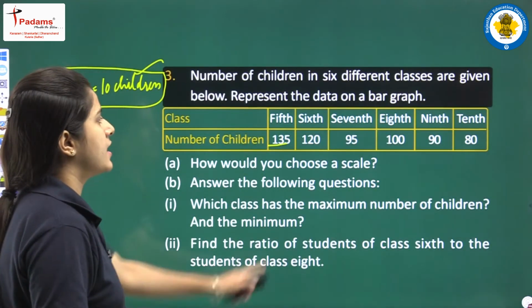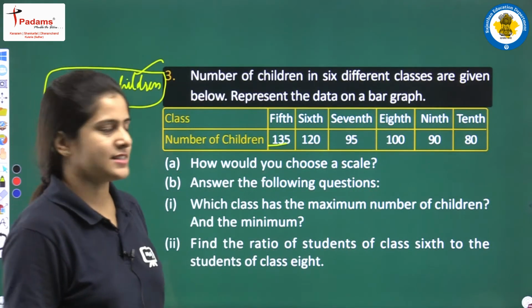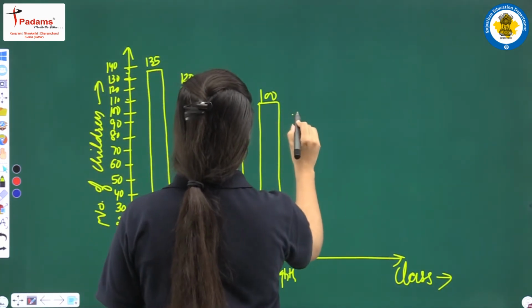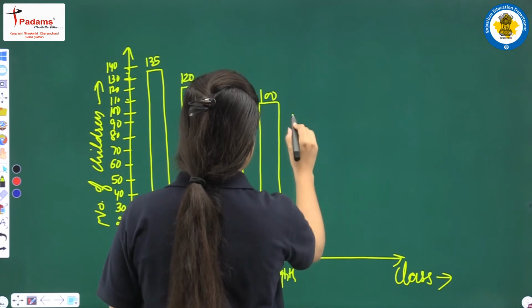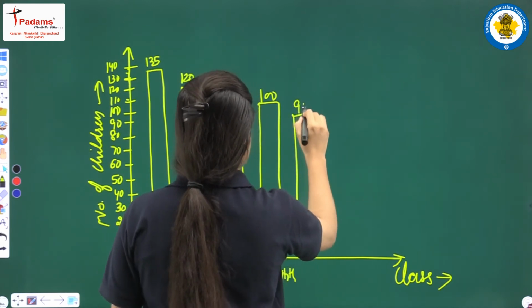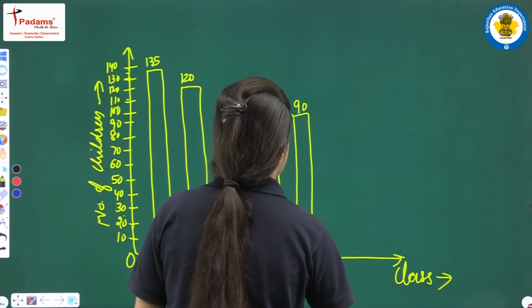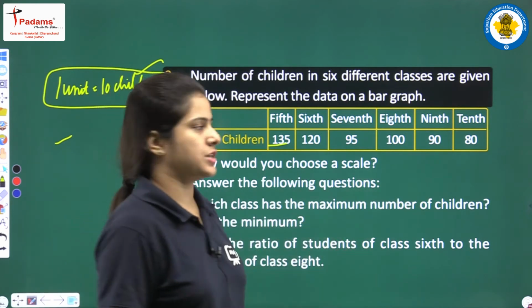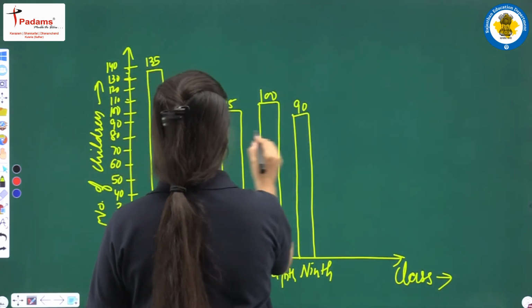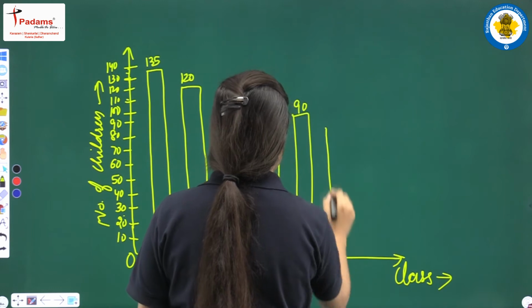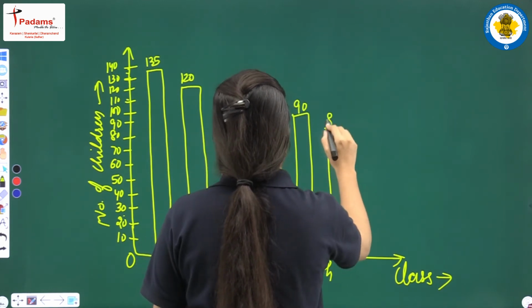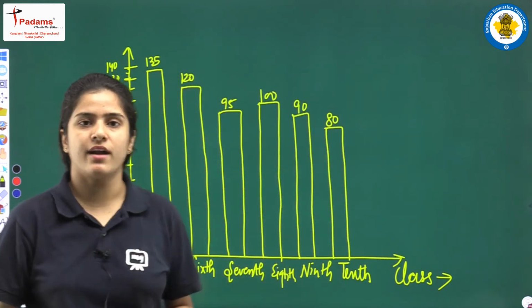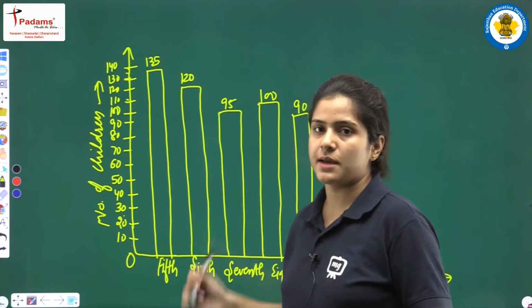Now class 9th having 90 kids. 90 belongs to here. Now 10th class is having 80 children. So 80 is here. Alright students, so this is the bar graph that is showing the table.